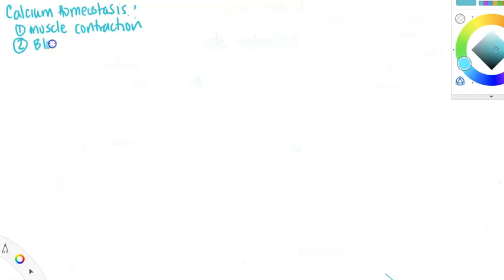Blood clotting, which we'll talk about when we get to blood. Synaptic transmission.